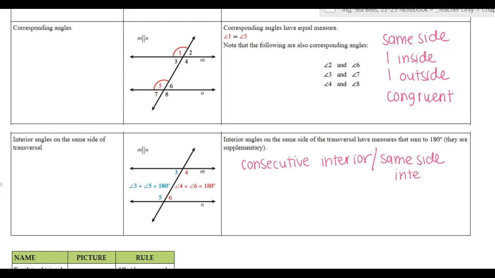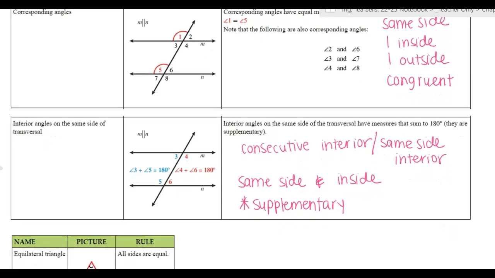Okay, these are going to be on the same side of the transversal, obviously, because of the name. And they're going to be on the inside because they're both interiors. This is the only one that's different. All the other ones we've talked about already are congruent. This is the only one that's going to be supplementary, which means they would add to 180.